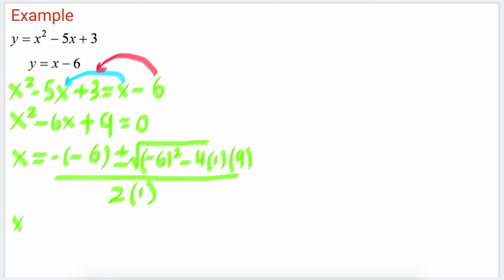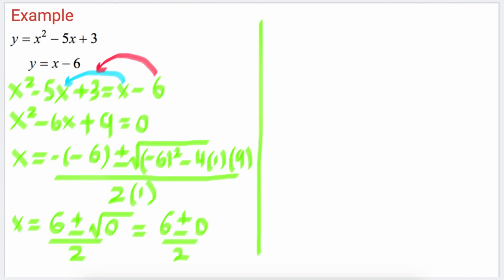Now we're going to simplify, and I'm going to start off with the two negative signs here and change that to positive 6 plus or minus, and then inside the square root, negative 6 squared is 36, 4 times 1 times 9 is 36, so 36 minus 36, you get square root of 0 divided by 2. Square root of 0 is just 0, so 6 plus or minus 0 divided by 2.